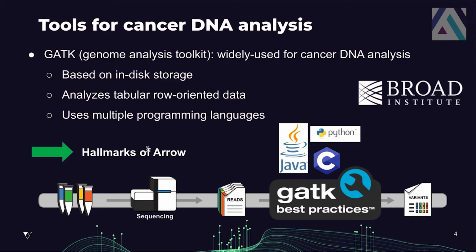GATK uses a number of traditional computational techniques like storing data in disk and repeatedly accessing it from disk, analyzing data in tabular row-oriented formats, and also using multiple programming languages to implement various different stages in the workflow and having these different languages accessing the same data. These different aspects or limitations represent hallmarks of the improvements that the Apache Arrow project can provide to these kinds of big data analysis workflows.